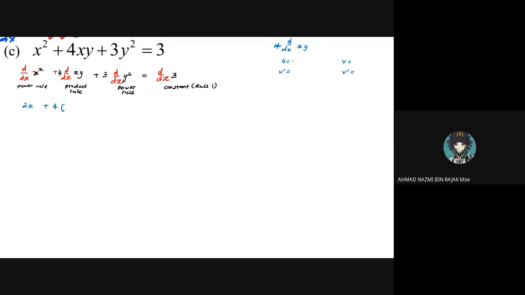U is x. Okay. U prime 1. Okay. V is y. V prime dy dx. Okay. So, boleh terus masuk dalam formula di bahagian bawah ni, second row. X darab dengan 1, y darab dengan x times dy dx.